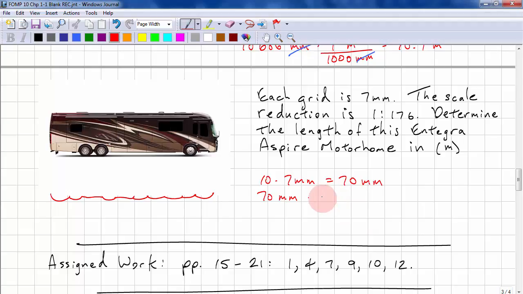We multiply this by 176 over 1, and we get 12,320 millimeters. Again, not a useful unit, so let's convert this to meters. 12,320 millimeters times 1 meter over 1,000 millimeters equals 12.3 meters. Okay, that's a pretty long motorhome.